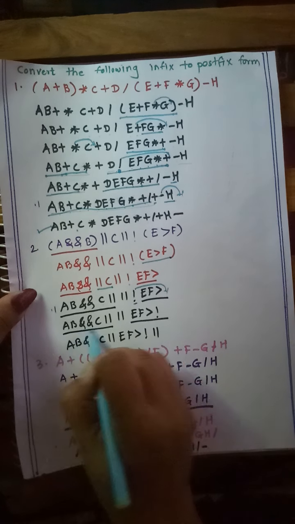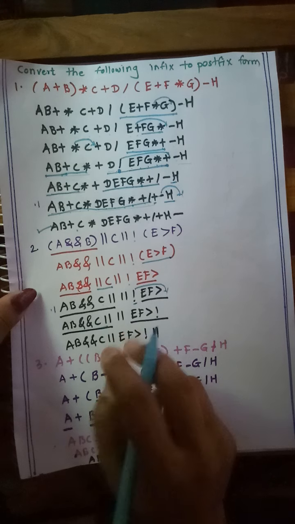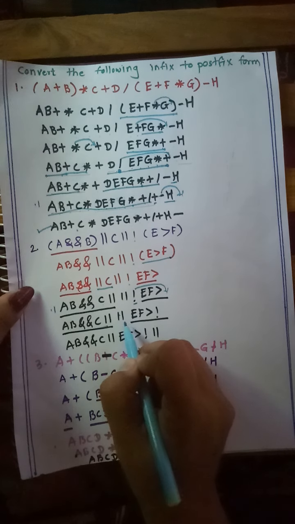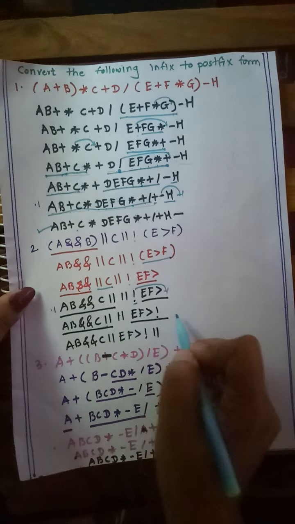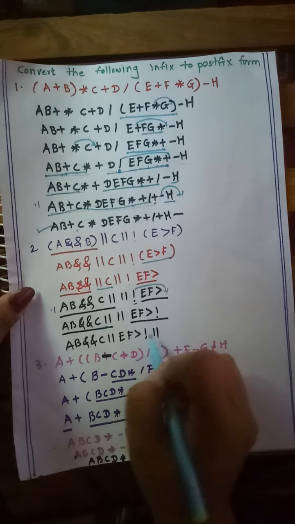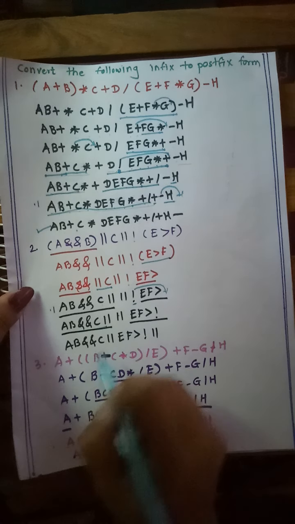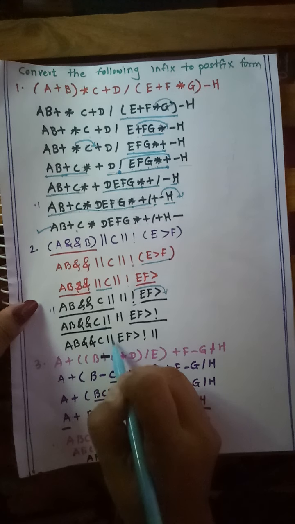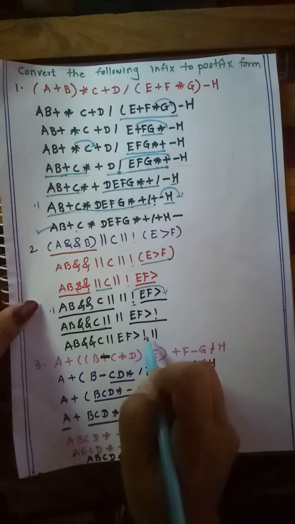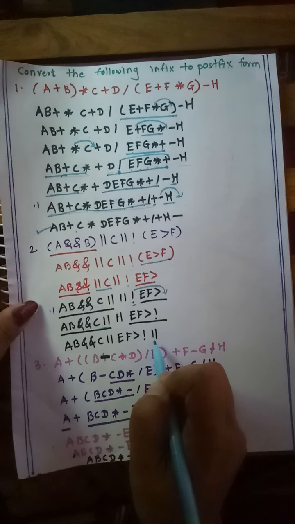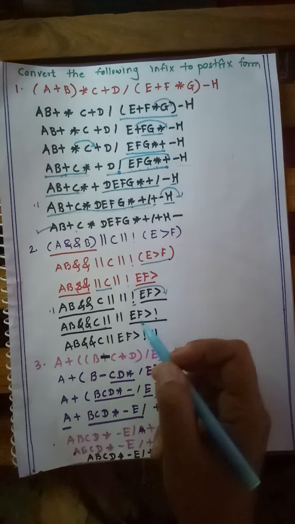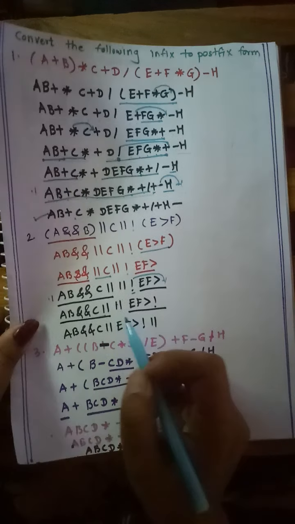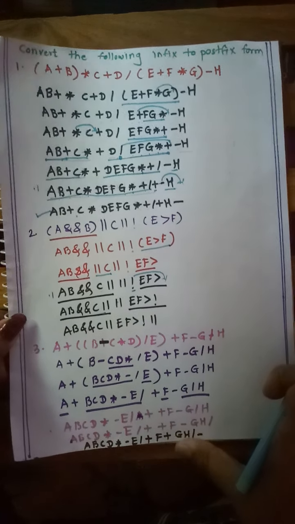Now these are the two terms, and in between these two terms logical OR will be there. Now this will be shifted after these two operands. A B logical AND C logical OR E F greater than not and logical OR. This is the output of the second example.